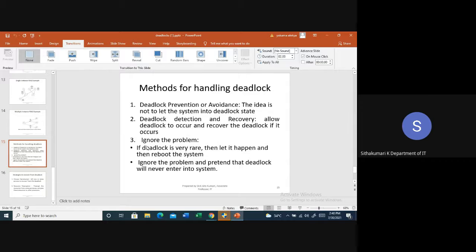Next, coming to the methods of how to handle deadlock. There are three methods. One is deadlock prevention or deadlock avoidance.